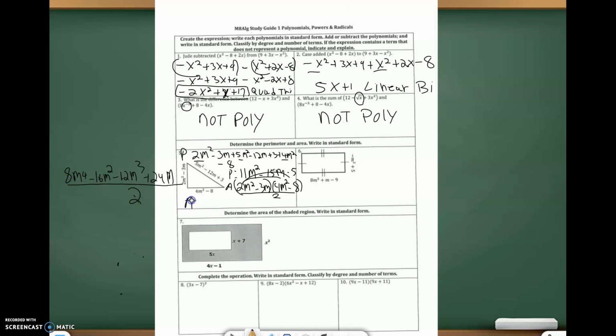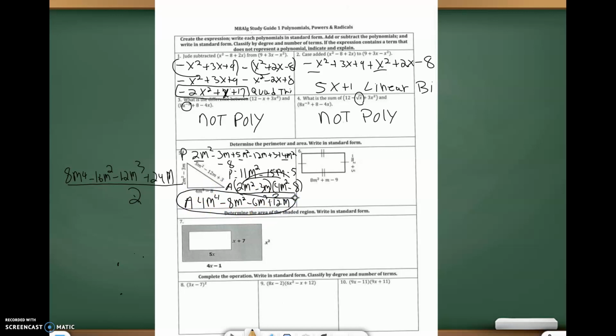So my final answer for the area is 4m to the 4th minus 8m squared minus 6m cubed plus 12m. All right. Done.